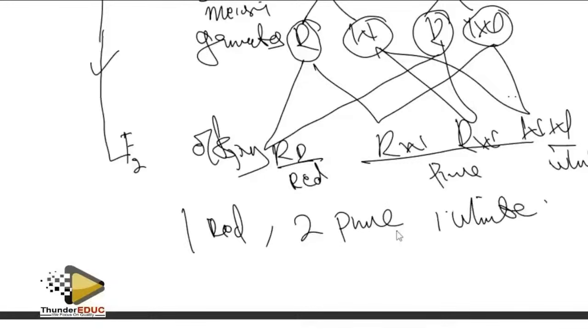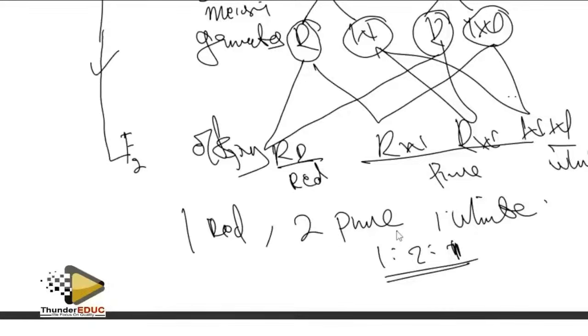There is a mistake that students make when they ask you the ratio. In this case, you write 1 to 2 to 1. Some people, when they ask them the ratio, write expression, and sometimes when they ask you the expression, they write the percentage. So when they ask you the ratio, please write the ratio.